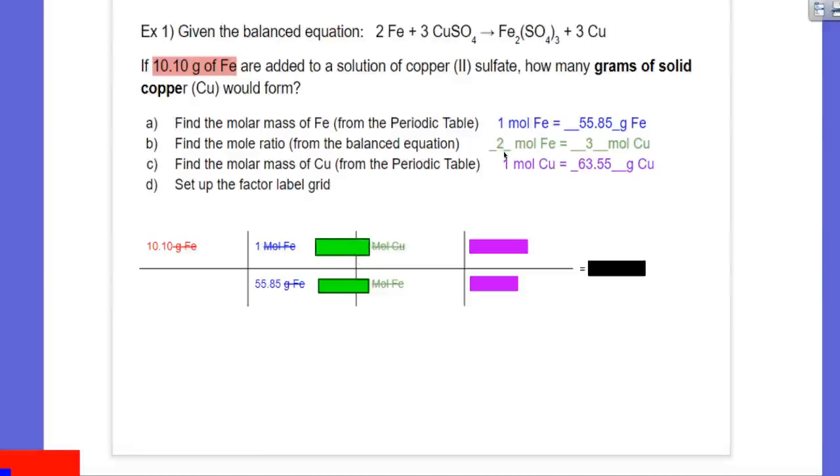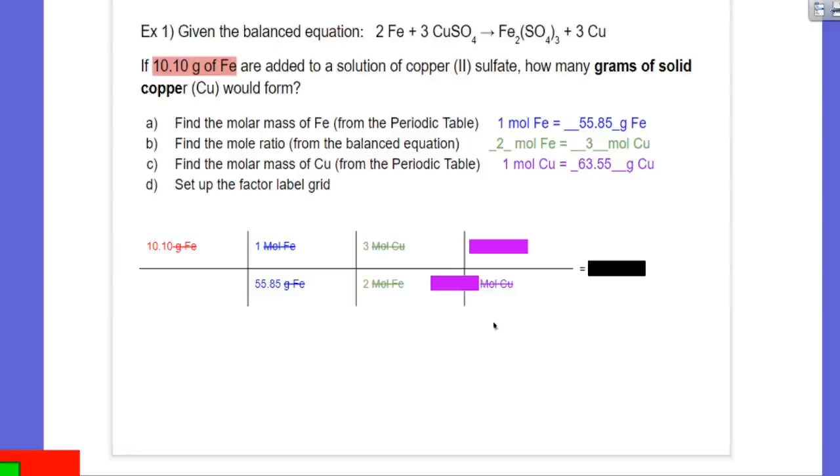Now I've got 2 moles of iron to 3 moles of copper, so I'm going to put a 2 on the bottom with the iron, and a 3 with the copper on the top. Now I'm ending with 3 moles of copper. Well, that's still not what I want. I want grams of copper. So I don't want moles. I'm going to get rid of it by putting it on the bottom.